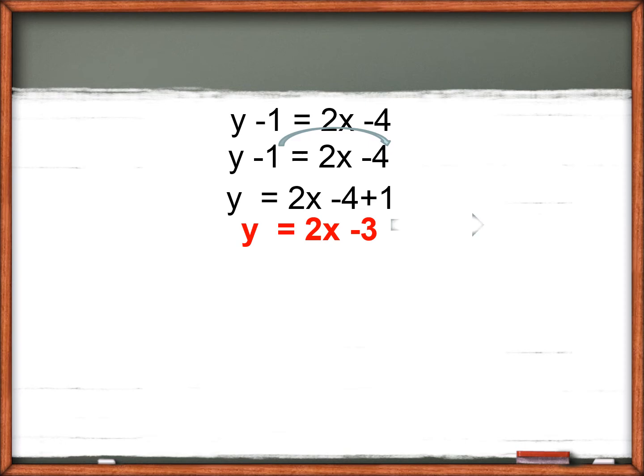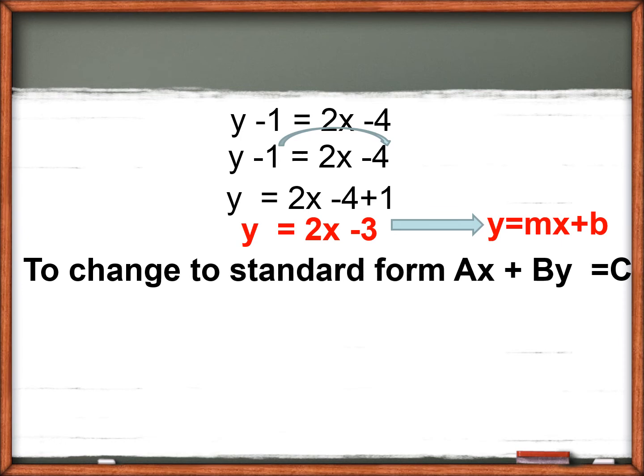Take note that this equation is written in slope-intercept form, which is y equals mx plus b. We can also write our equation of the line in standard form. To change to standard form ax plus by equals c, let's go back to our resulting equation a while ago. y equals 2x minus 3.